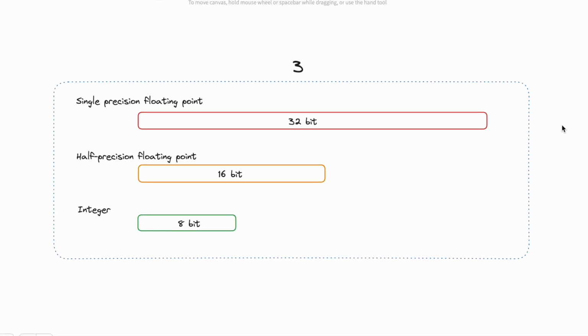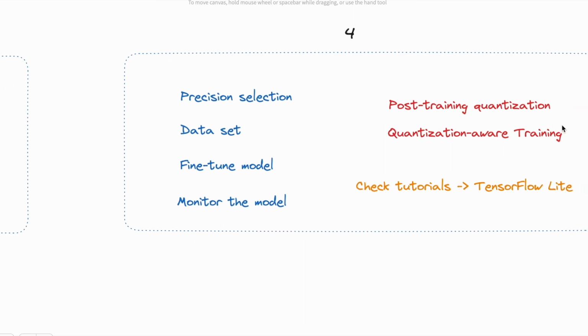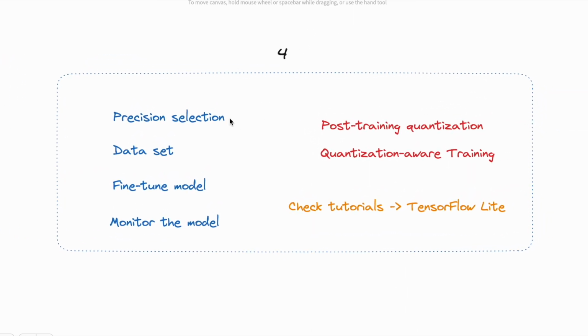Okay, now let's look at some best practices of AI quantization. First of all, you should be careful about precision selection. You should select the precision wisely. There are different techniques and they affect the performance of the model and the optimization process, okay? Secondly, of course, the data set should be large, sufficient, and also representative.